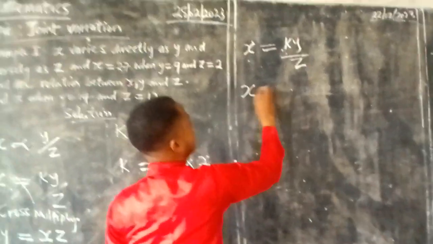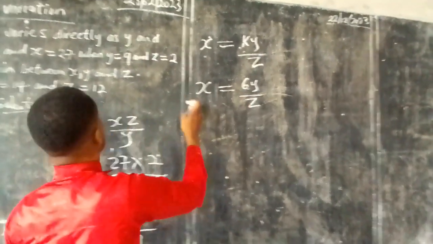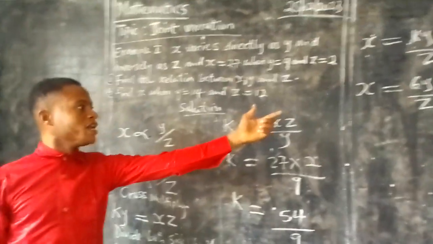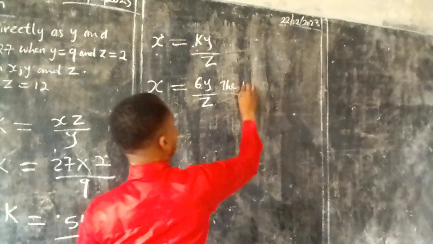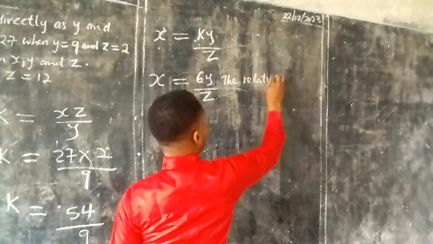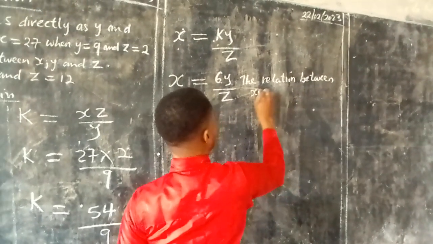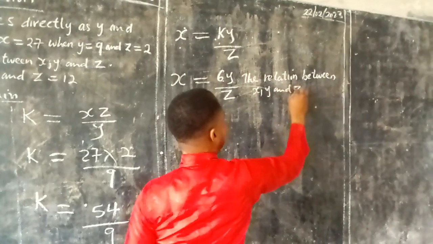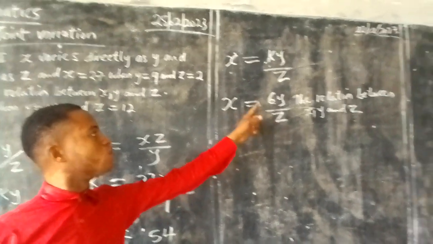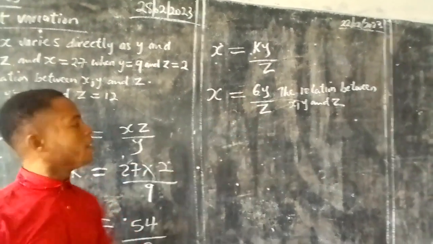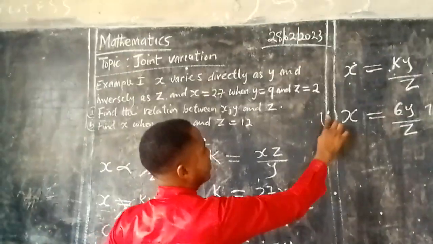You have x equals 6y over z. This is the relation between x, y, and z. Then this is the answer to question A.